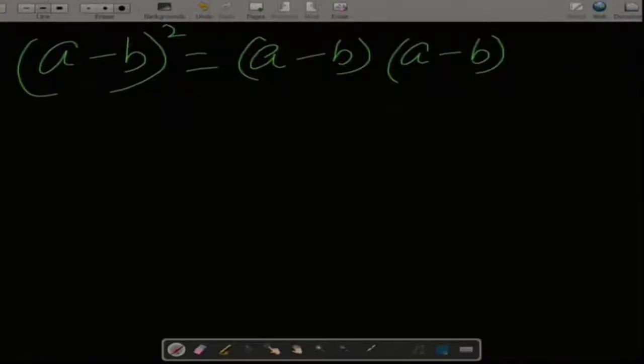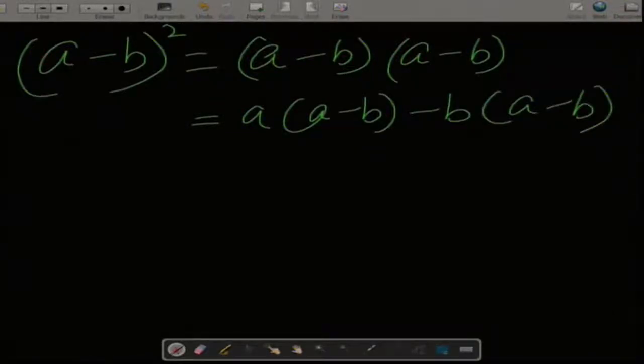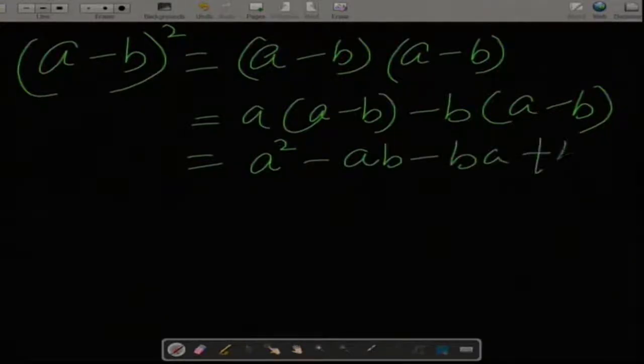A minus B whole square, I can write as A minus B into A minus B. So we apply the first component into A minus B. When we simplify, A into A is A square, minus AB, minus BA, plus B square, because minus B into minus B is plus B square.